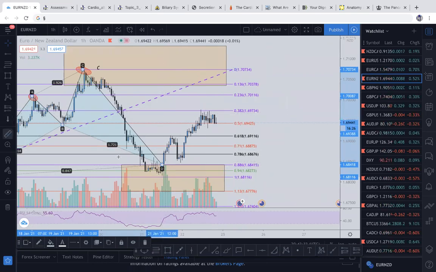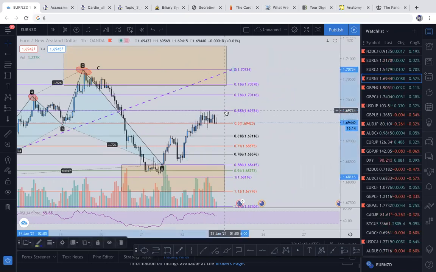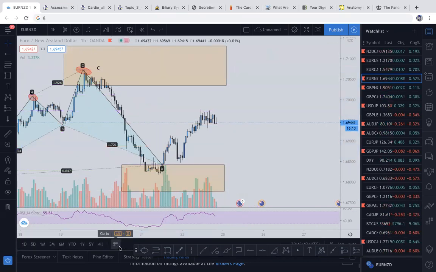And since then, we managed to move over 119 pips from there. And that was all about being able to identify the correct measures, the correct areas of a harmonic pattern.